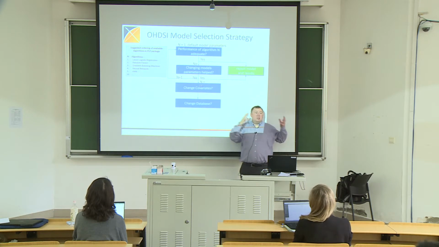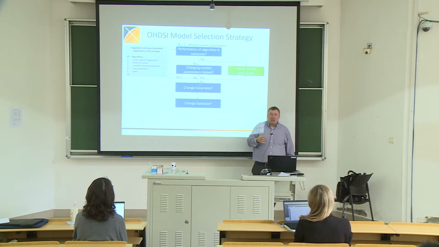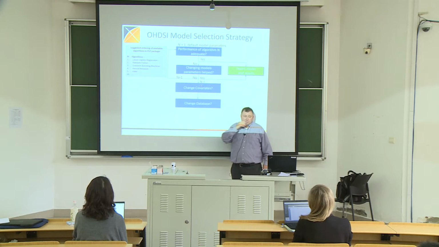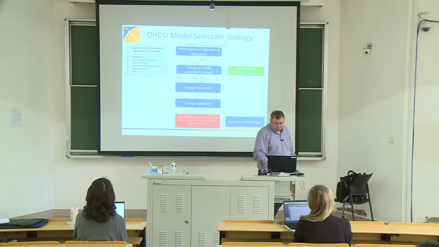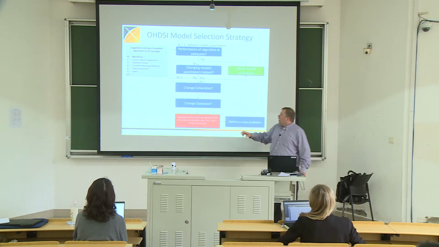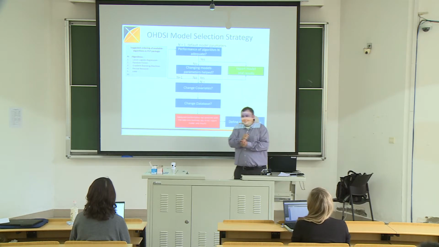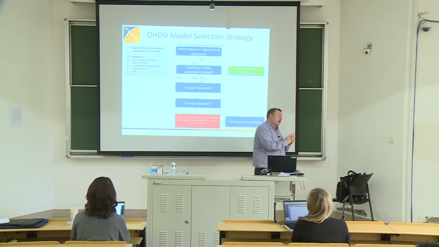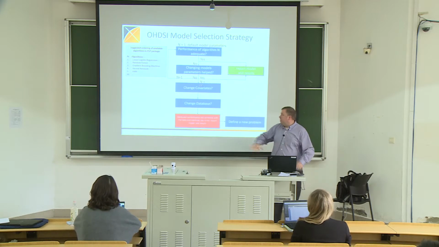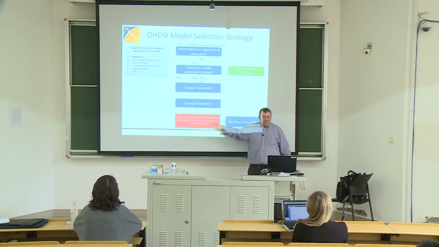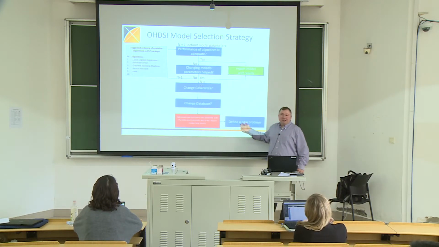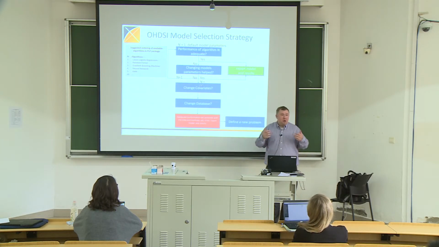Because maybe one database does not have the right population of interest, but another one will. If you've tried every algorithm in every setting, in every predictor on every database, and you still can't predict your outcome, then probably you should change your prediction problem. Because what you've shown is you can't predict the outcome that you're interested in.